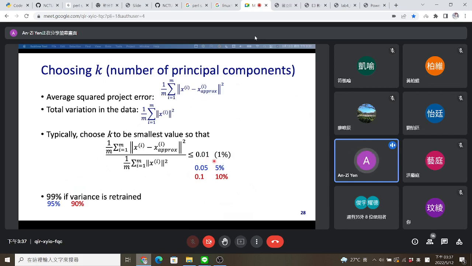So if we say the ratio should be less than 0.01, it means that we use PCA such that 99% of variance is retained. It also means that this quantity on the left is less than 0.01.